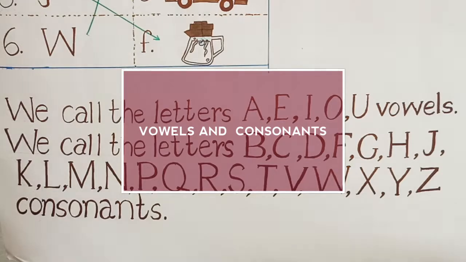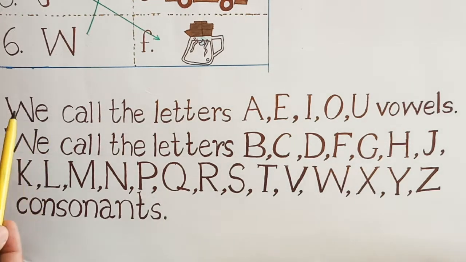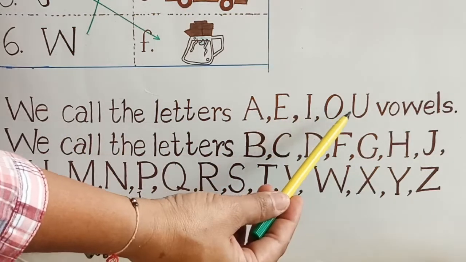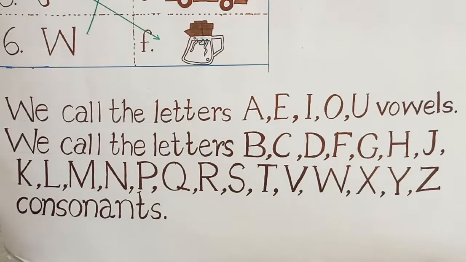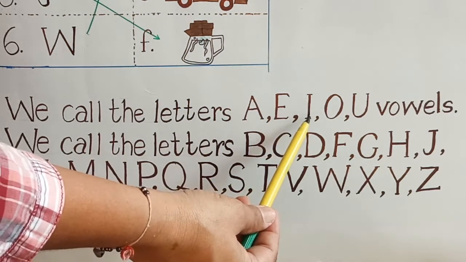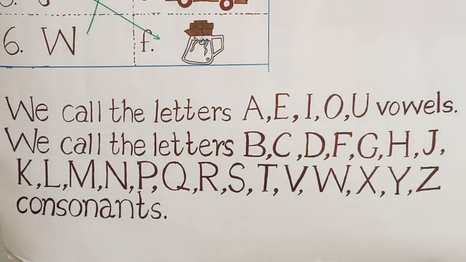After matching, now we are going to do vowels and consonants. In the next questions, we have to circle the vowels and consonants. First, we should know what are vowels and consonants. We call the letters A, E, I, O, U vowels. I am repeating again. A, E, I, O, U. These letters are called vowels.